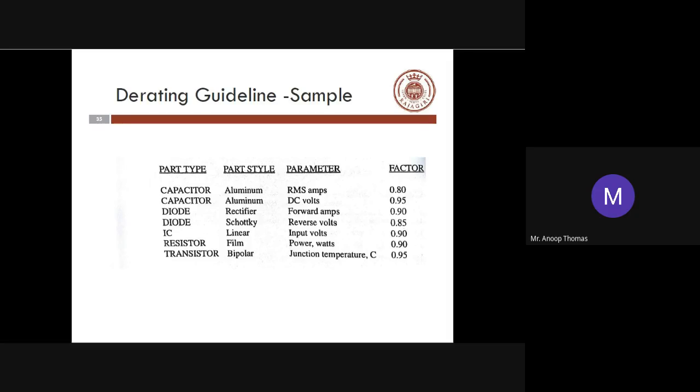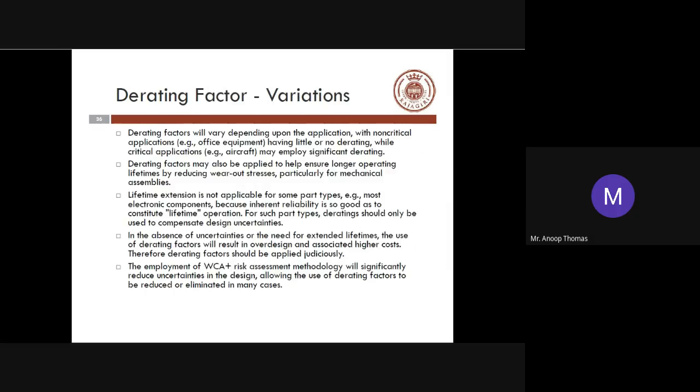According to the rated value, 0.80 of the rated value can be considered for analyzing. That's all about derating. So this is an example. Diode forward amplitude 0.90. These are certain example scenarios where you apply your derating factors. They vary depending upon the application, with non-critical applications having little or no derating, while for critical applications you apply much more derating, whereas in non-critical it's not required.